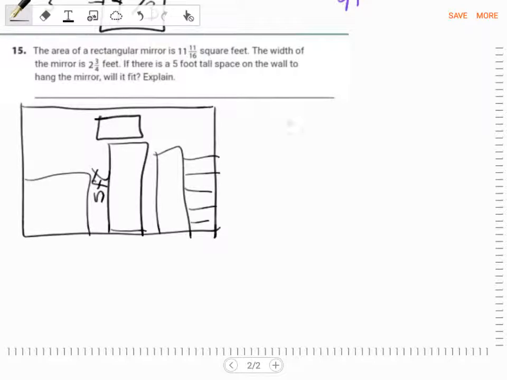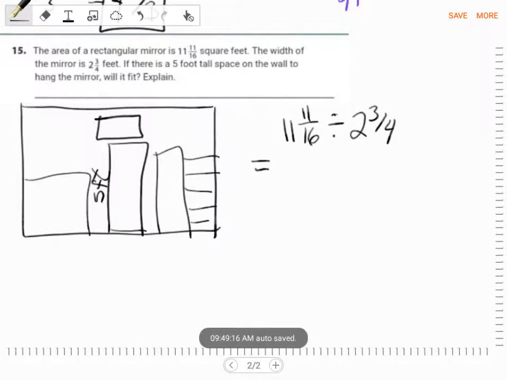So I've got 11 11/16, and I want to divide this by 2 3/4. And again, guys, our first step is to change these mixed numbers over to improper fractions. So I'm going to do 11 times 16, and I don't know that off the top of my head. I know that, and this is just the way my brain works, I do it quickly so I don't have to do it on paper, but we can do it on paper too.